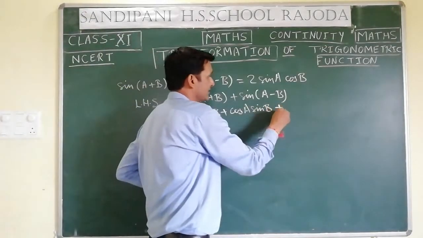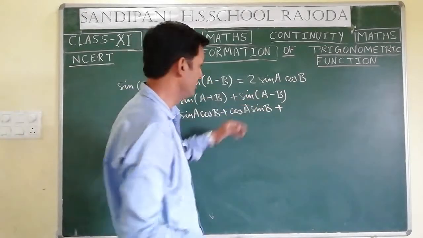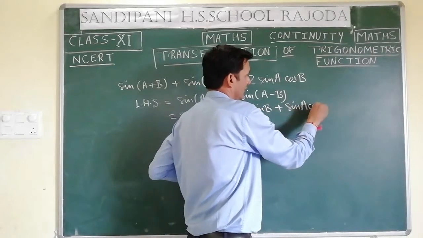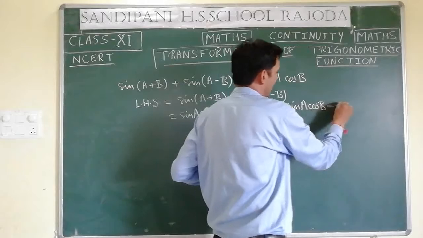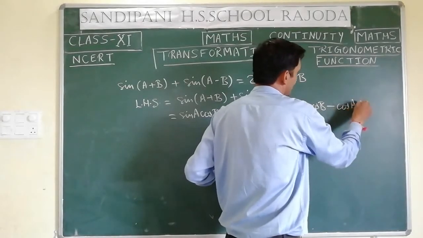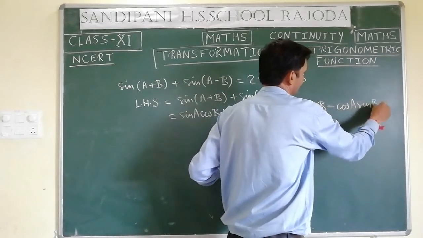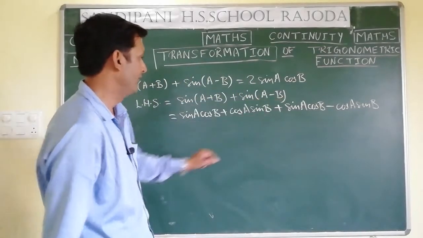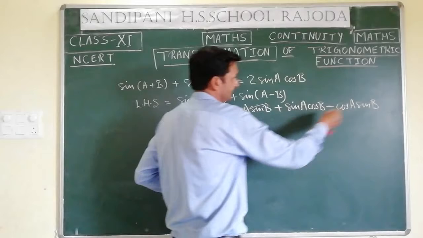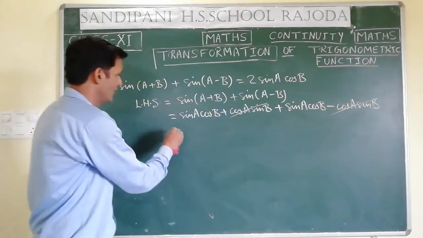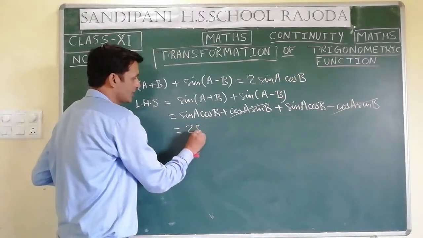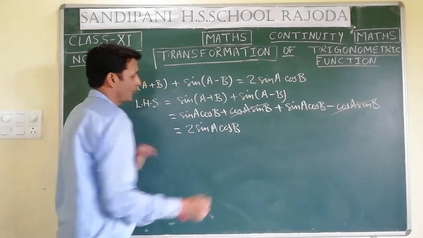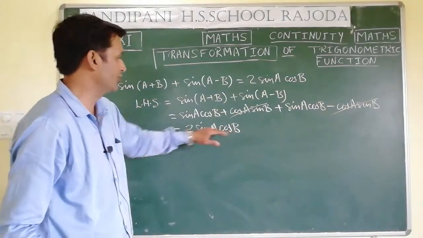Now plus, here it is sin(A-B), so it will be sin A cos B minus cos A sin B. So this cos A sin B will be cancelled, and it will be equal to 2 sin A cos B, which is in the form of a product of two trigonometric ratios, sin A and cos B.